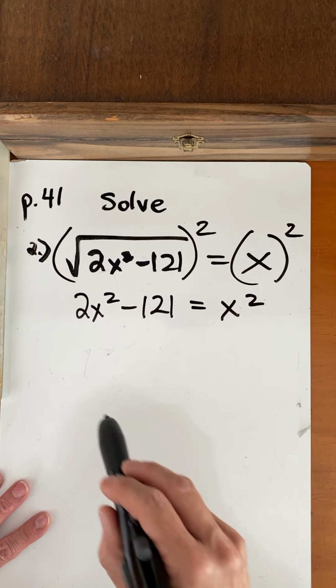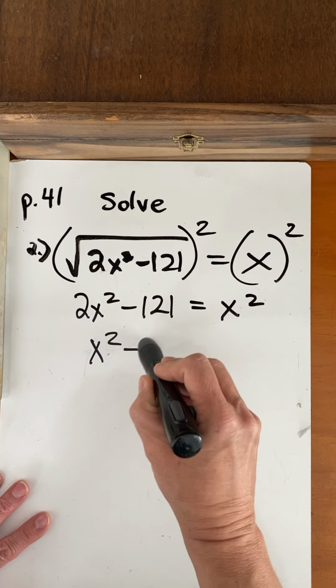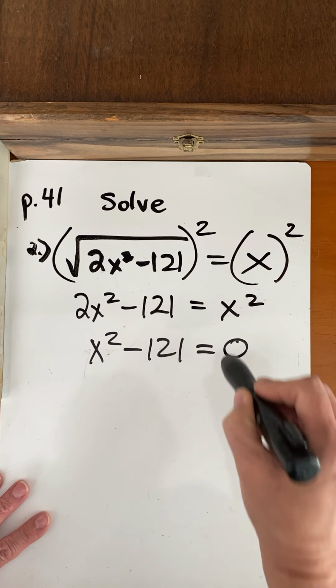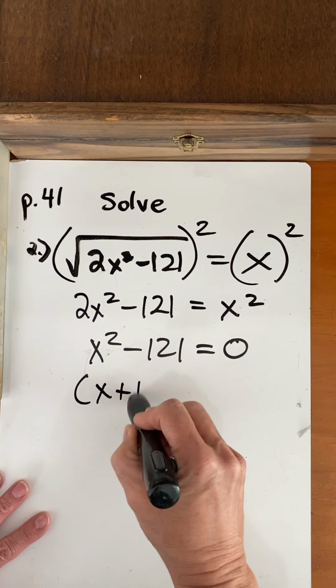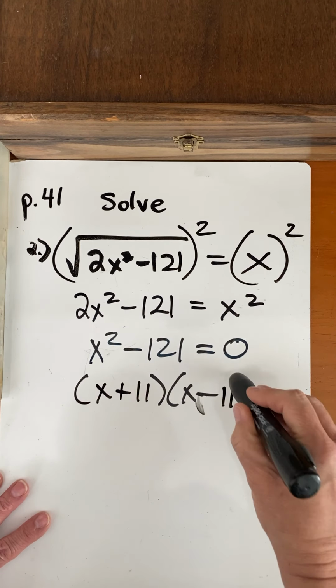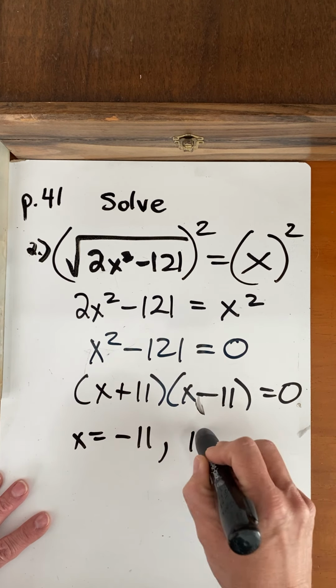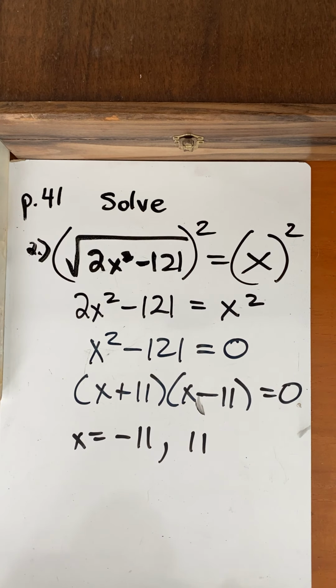Now here, I subtract x squared from both sides, and I get x squared minus 121 equals 0. I do the difference of squares, and I get x plus 11, x minus 11 equals 0. I end up with an answer of negative 11 and 11. Now, I'm going to check both of these answers to make sure that they work.